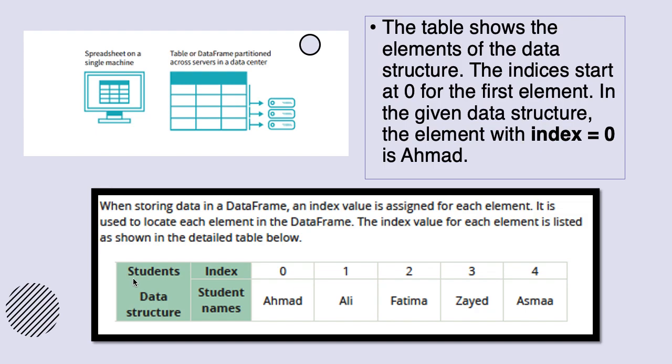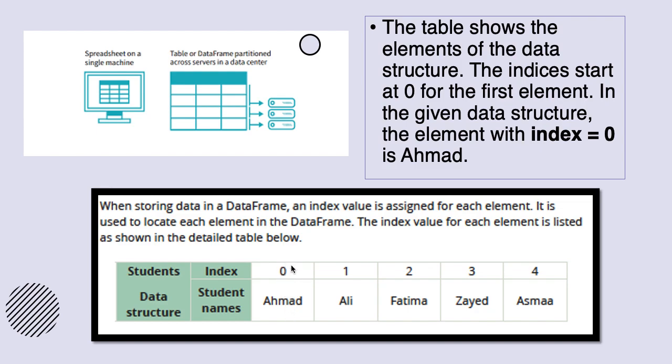So this table is the way the data is stored in the data structure. Every data element has an index value. You all have learned in the list and applied programming in Python that each value in the list has an index number associated with it. Similarly, in data structure, we have an index value starting from 0.